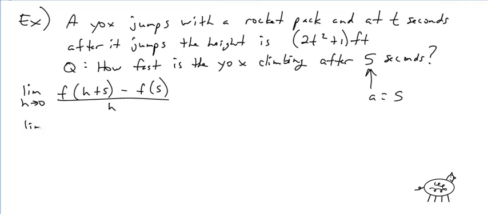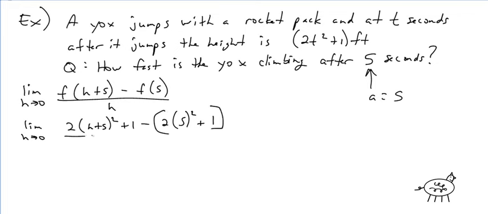So that's limit as h approaches 0, and I'm putting that h plus 5 into the equation. So 2 times h plus 5 squared plus 1 minus 2 times 5 squared plus 1, and that's in brackets all over h.